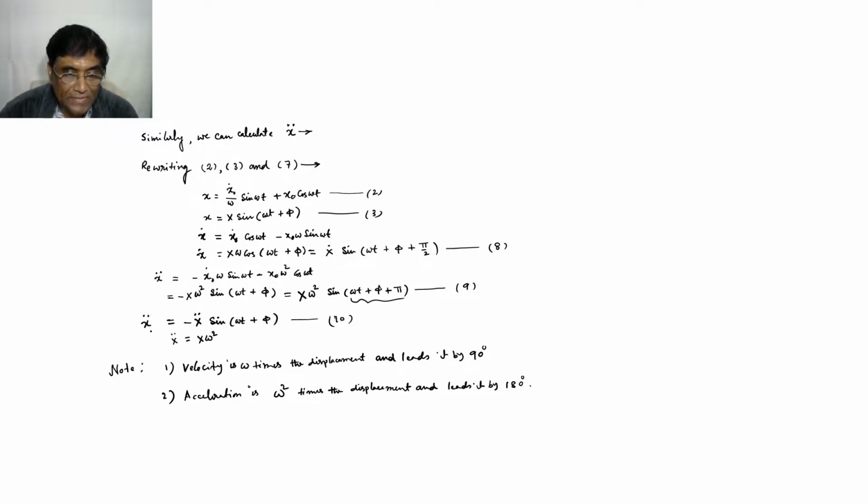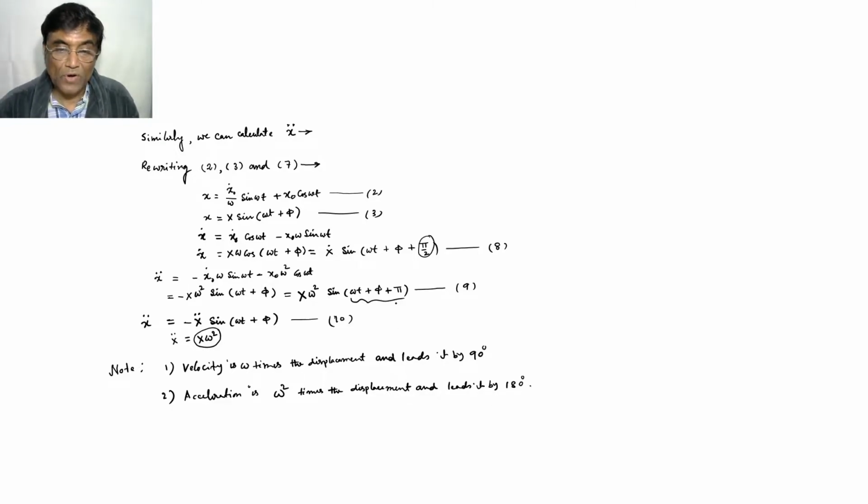What is that purpose? You see, if I write this, this is the amplitude of oscillation for acceleration. So what observation are we making here? Velocity is omega times the displacement and leads it by 90 degrees. And the acceleration is omega square times the displacement and leads it by pi or 180 degrees.